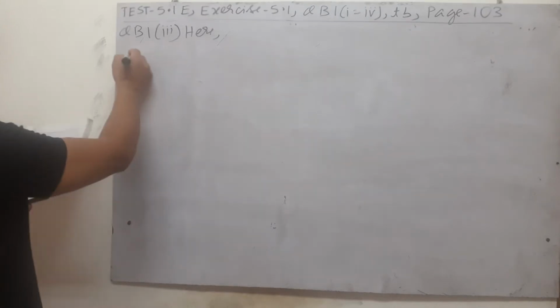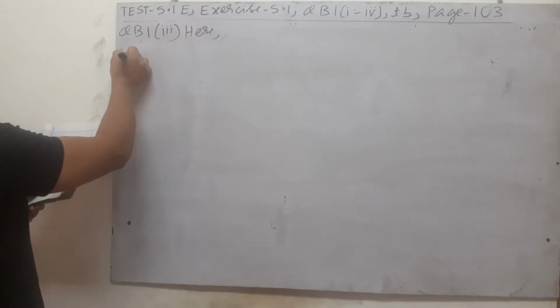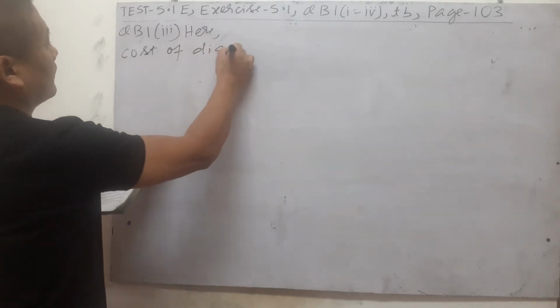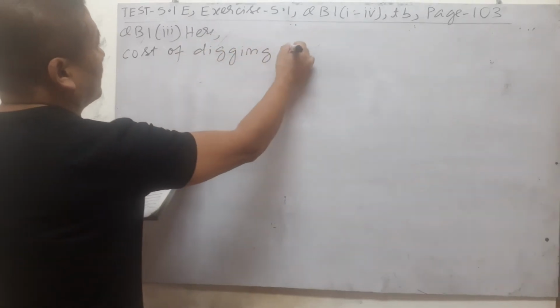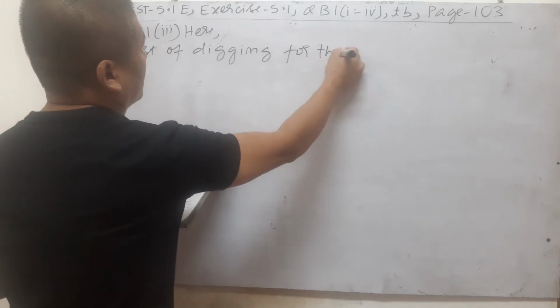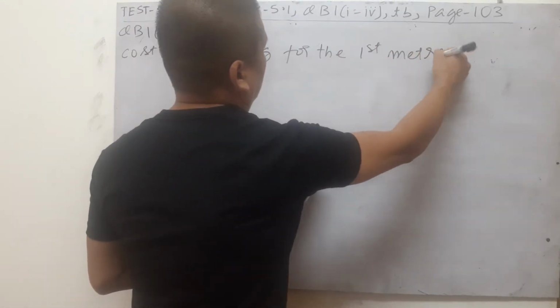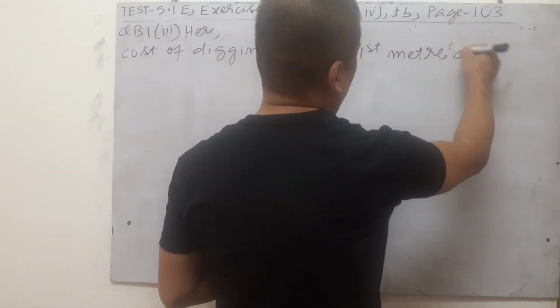So let the cost of digging for the first meter be represented by A1.